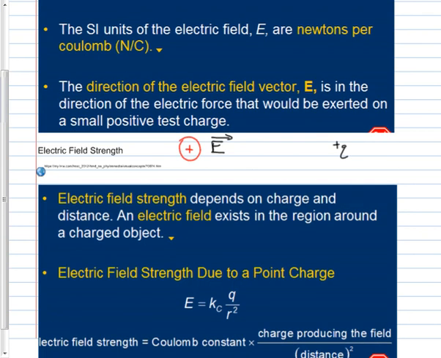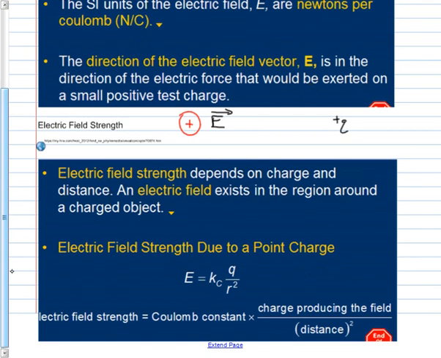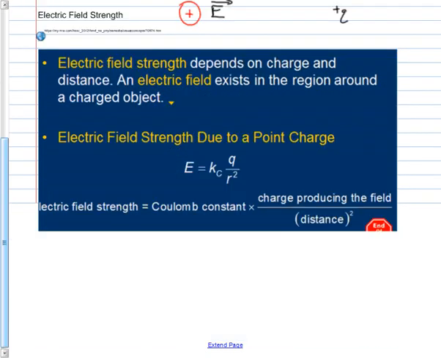Electric field strength, then, is going to depend on two things. It's going to depend on the charge and the distance we are away. The bigger the charge, the bigger the field strength. The closer we are, the stronger that field strength is going to be. Same thing with gravity. The closer I am to a mass, the stronger that gravitational force is going to be.